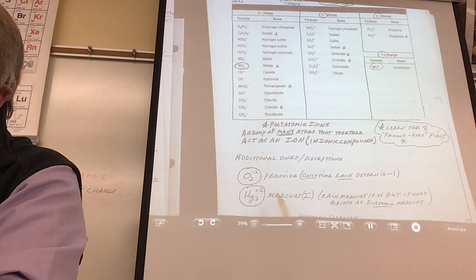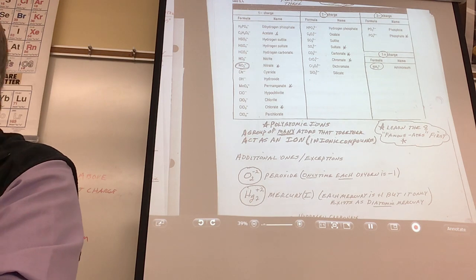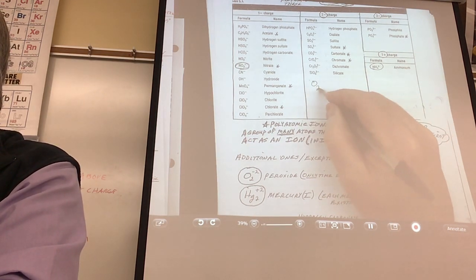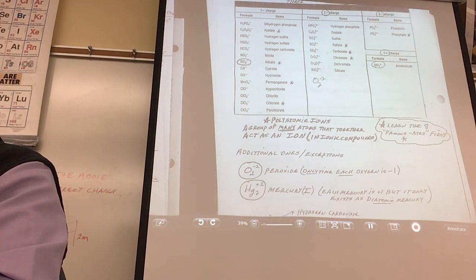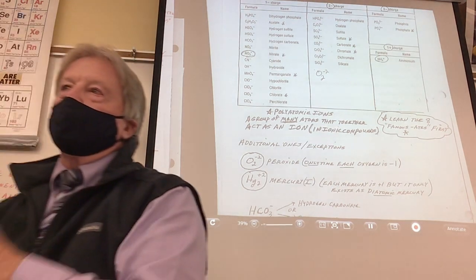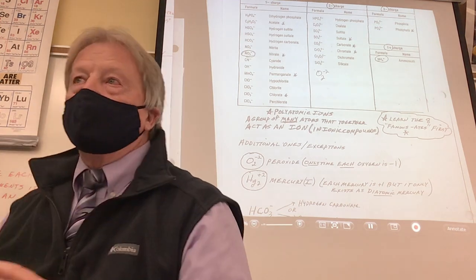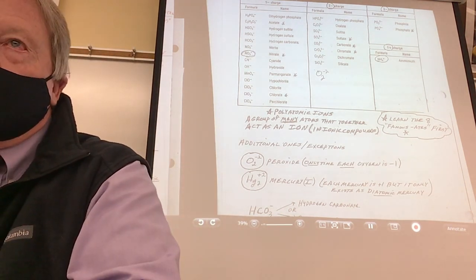So here you go. Exception number 1 is called O2 minus 2. What I would do, you don't have to, but you could make another flashcard, because O2 minus 2 is like a polyatomic ion. I can tell you right now that in a compound, oxygen is going to be minus 2 almost always.